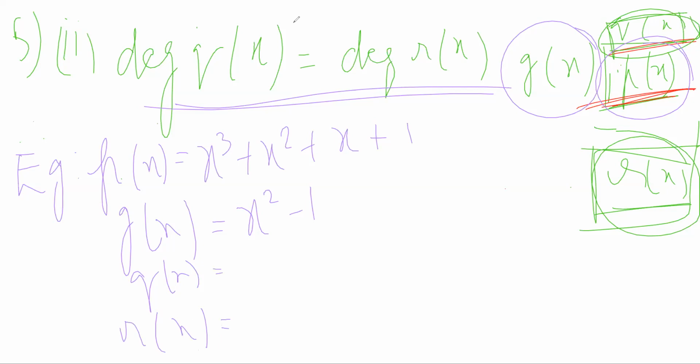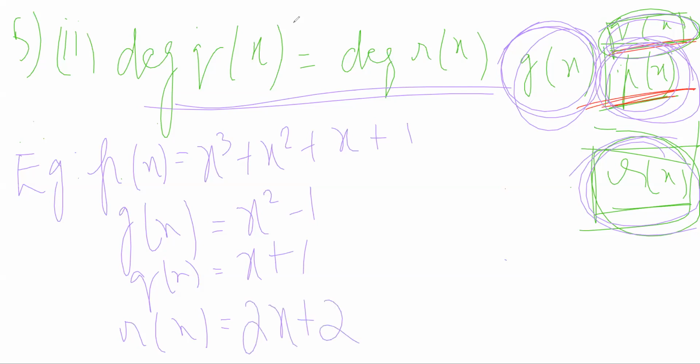So the condition for this question is that, for these degrees to be equal, the degrees of p of x and g of x should be greater than the degrees of q of x and r of x. So q of x will be x plus 1. When you divide, you get q of x to be x plus 1 and r of x is 2x plus 2. This is the example.